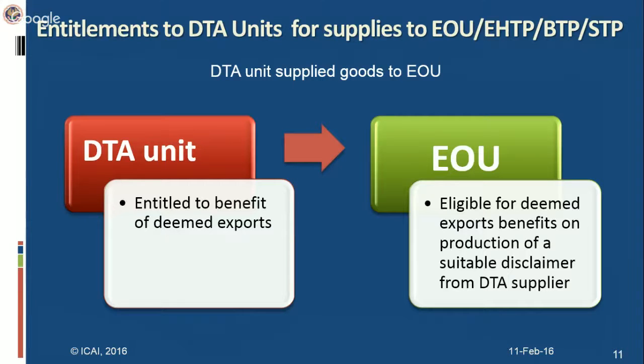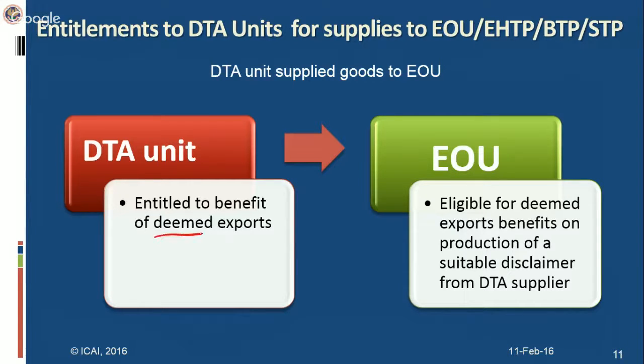Now in case an EOU procures certain goods from DTA, that is, it procures certain goods domestically from a domestic manufacturer, then what is the benefit which the DTA unit, or you can say the domestic manufacturer, will get? The domestic manufacturer will be entitled to the deemed export benefit.